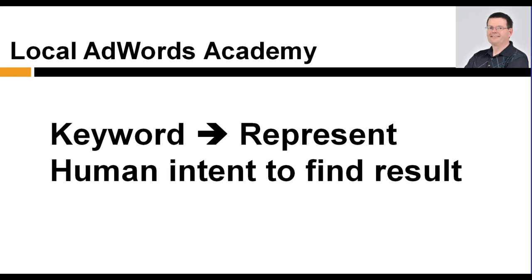So if you are able to stand with your feet in the Google search bar, representing that keyword, and look around you, that is what the keyword is. It represents that human intent. Do you get this?